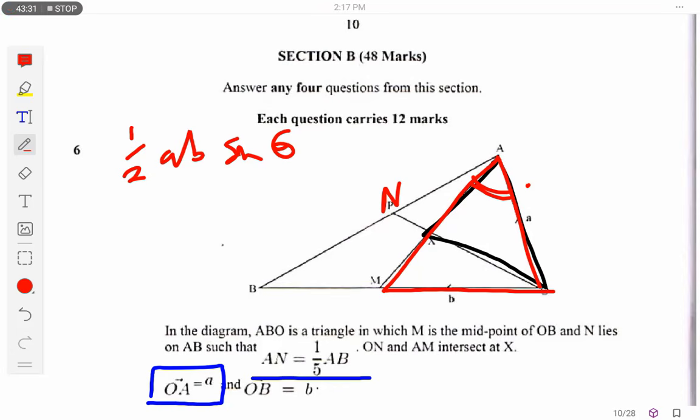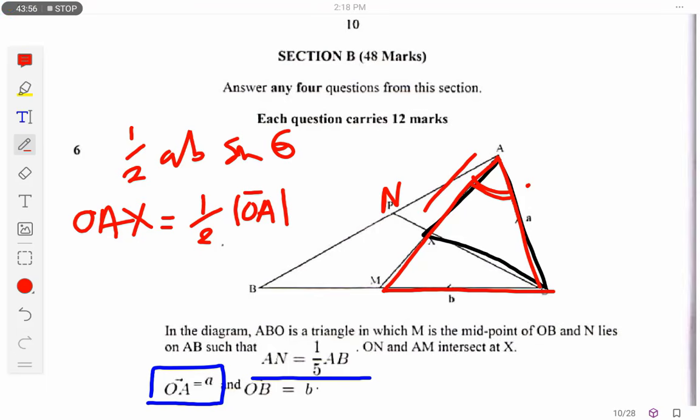for triangle OAX, this is equal to half. My A is my OA, this one, that will be my A. This is going to be magnitude of OA, times B. I'll say it is my AX.